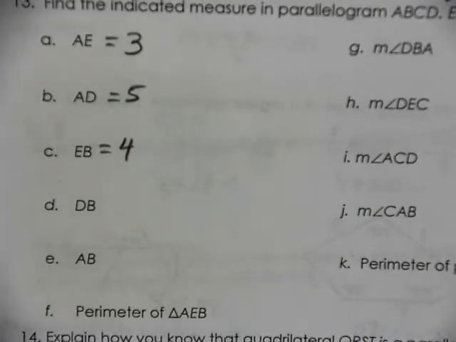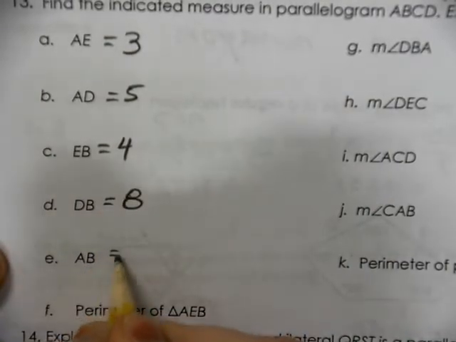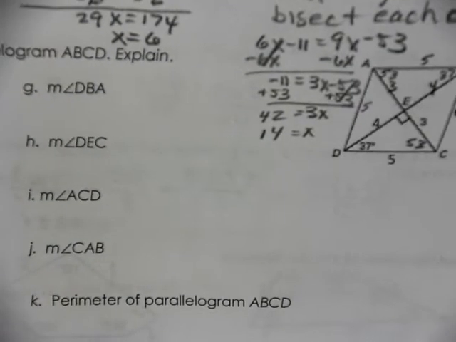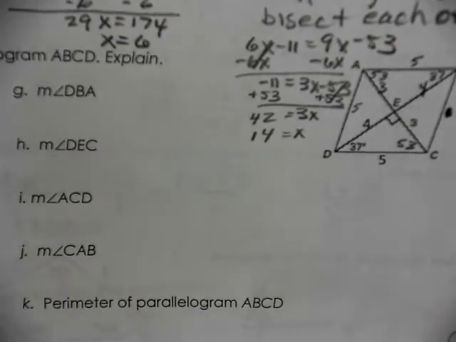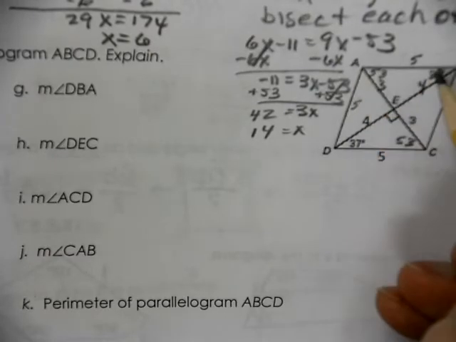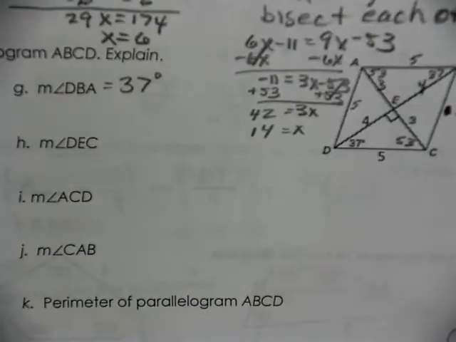DB. That's 4 plus 4, which is 8. AB is 5. Angle DBA. DBA. 37 degrees.